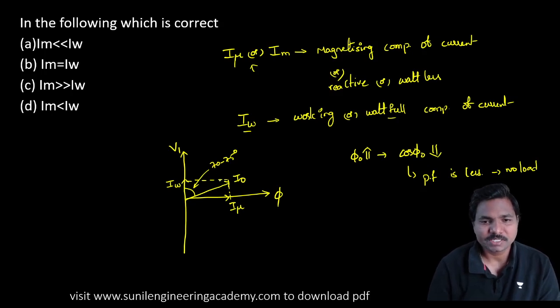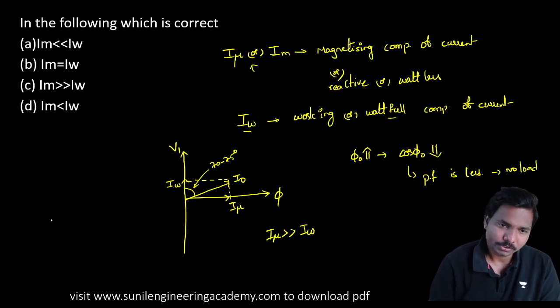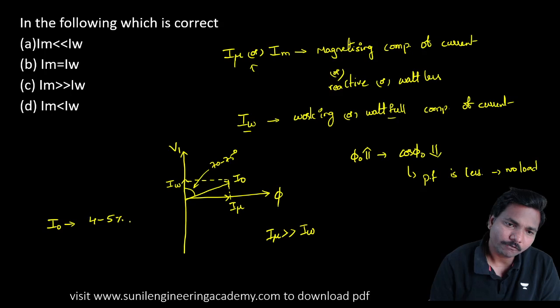In the following, which is correct? Always this I mu is double greater than I_w. Generally, if you consider I naught, the no load current is 4 to 5% of full load current.